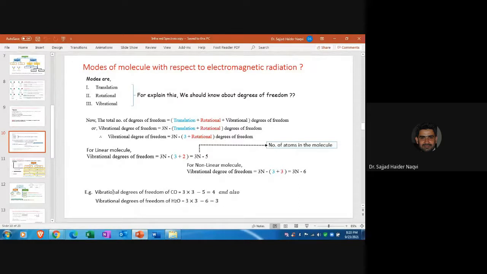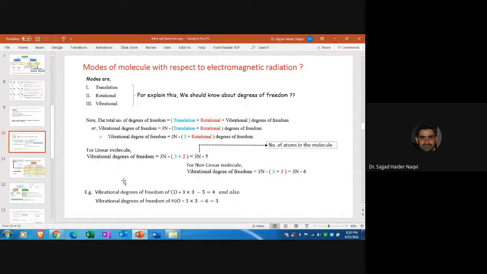There is an example here, just to let you know: for example, the vibrational degrees of freedom of the CO group are mathematically calculated. That's 3 into 3 minus 5, which is 4. I'm not going into the detail of how it's calculated, just to let you know that specifically for the CO group, the vibrational degree of freedom comes to be 4.